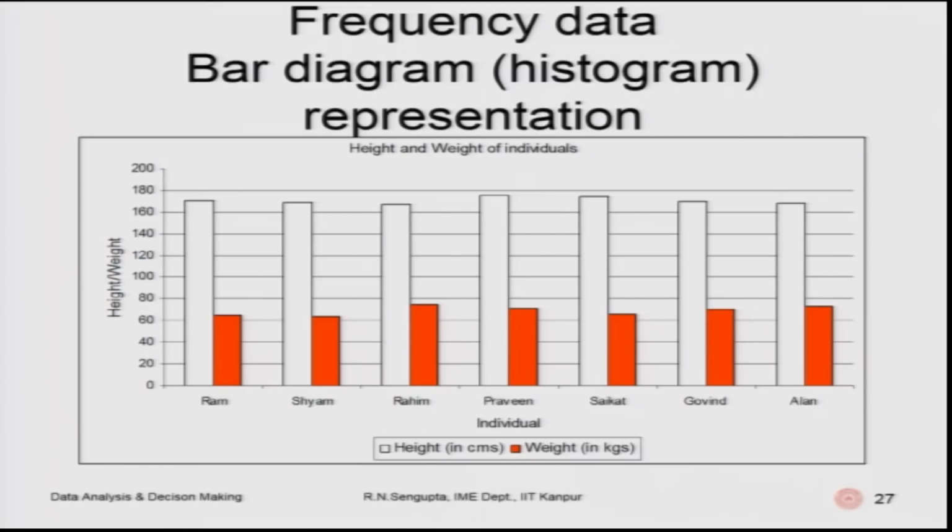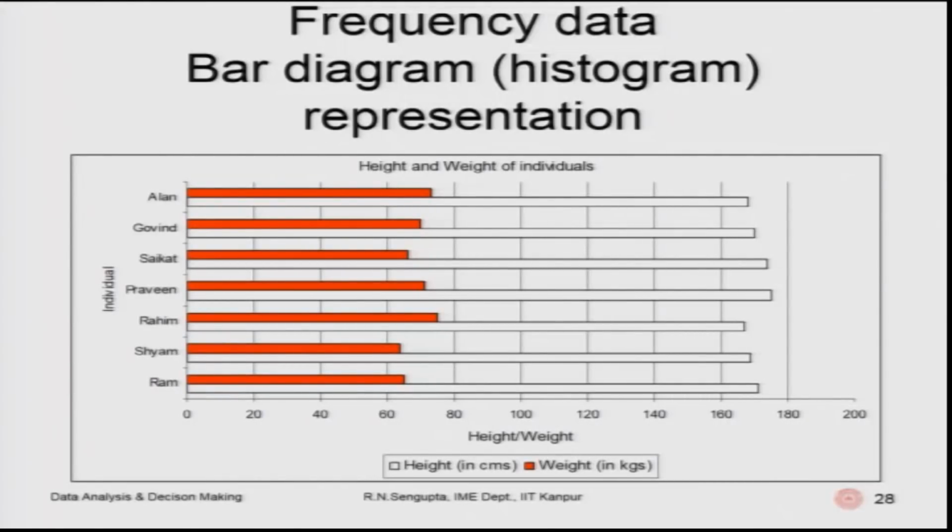So you can have 2, 3 or more than 3 variables which you can depict on the histogram, and you can compare them to find a comparative study of the variables for any individuals, as shown in this diagram. In the initial case it was vertical; now in this case it is horizontal. We measure the same thing, height and weight, now along the x axis, and the individuals are noted along the y axis.